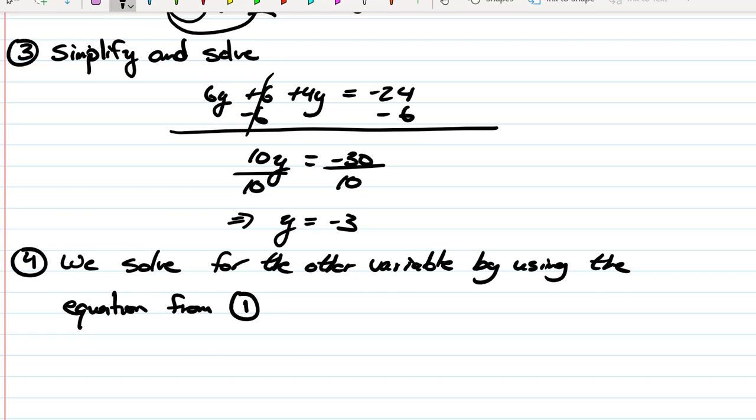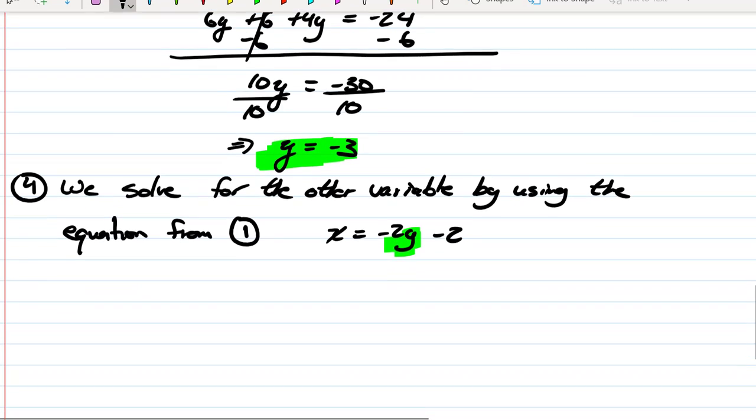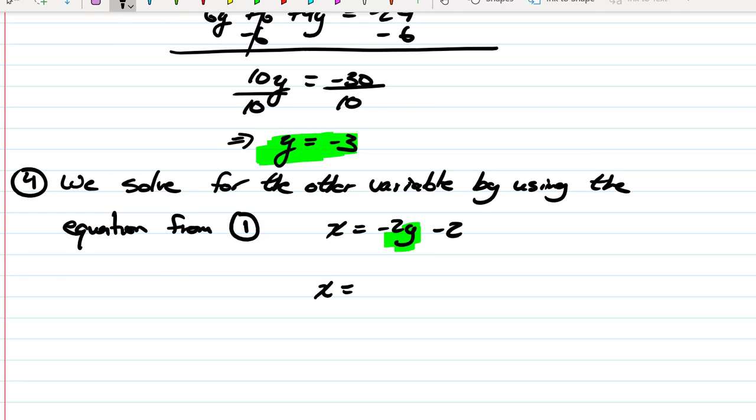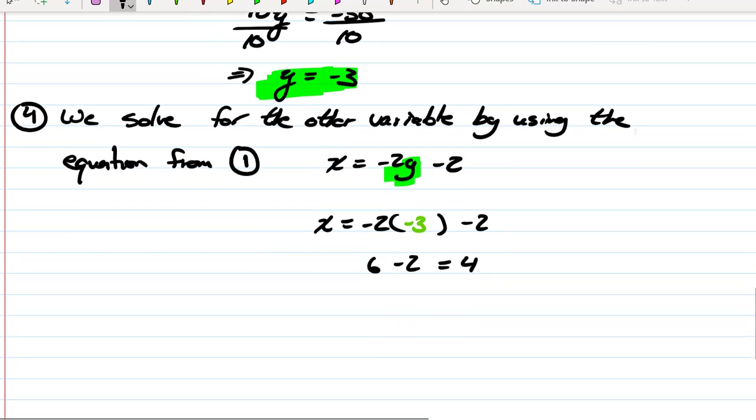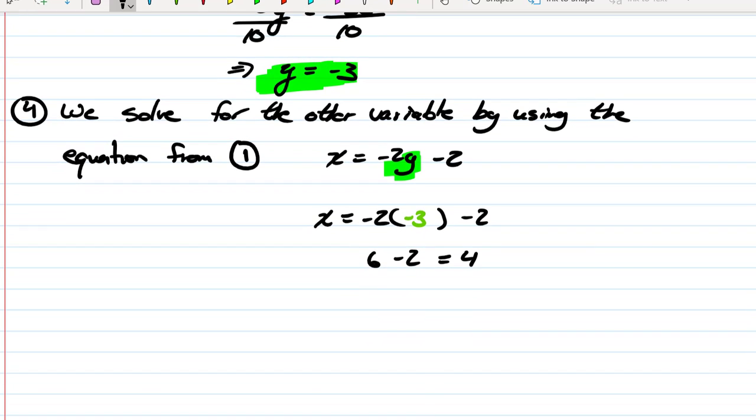Our equation from step 1 was x equals negative 2y take away 2, but we just found y was negative 3. So we substitute into that equation. We have x equals negative 2 times negative 3 take away 2. Negative 2 times negative 3 is positive 6, minus 2 gives us 4. So now we have y equals negative 3 and x equals 4.